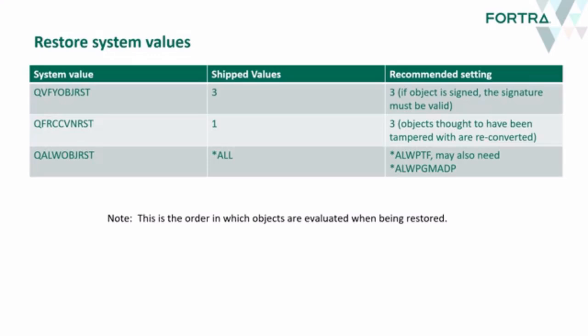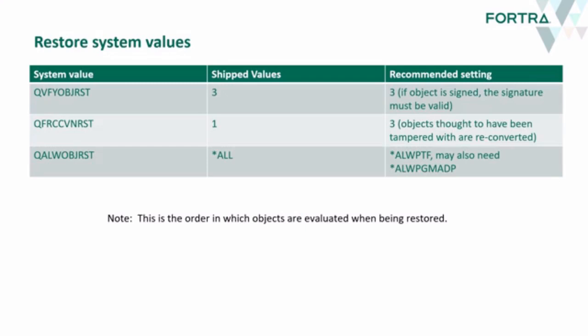If they don't match and you have this turned on to 3, it will reconvert that to its original version. And then the allow object restore, we recommend putting allow PTF and allow program adopt in this. This will restrict objects being restored to your system to PTFs from IBM, that are stateful objects, and then programs that are configured to adopt authority.